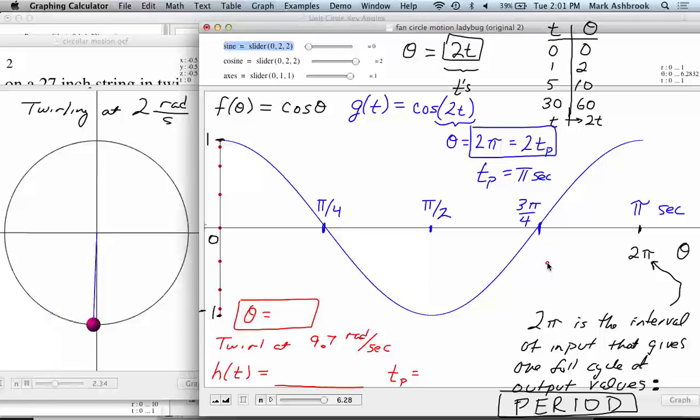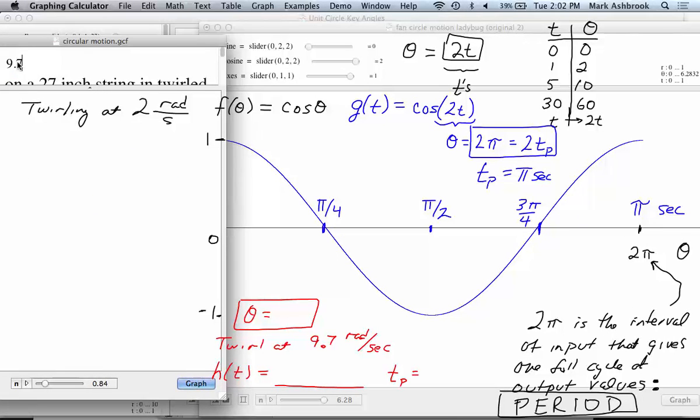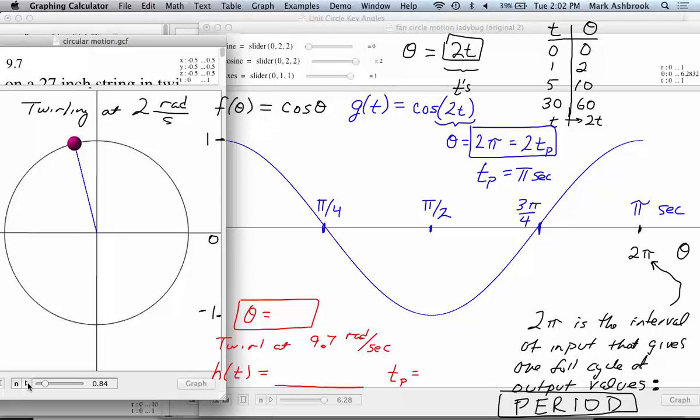I'm going to set that up, and we'll take a look at what that looks like. It should be more realistic here. That's more what it would be like if you were swinging a ball in a circle, right? Be something like that.